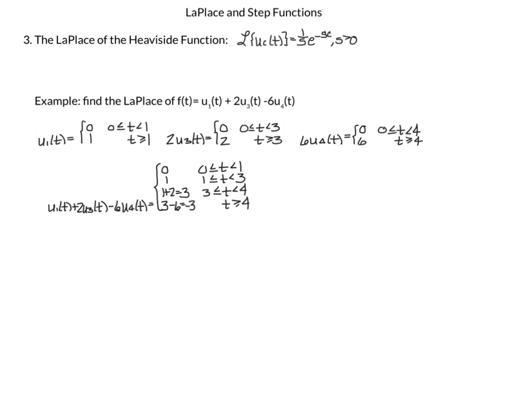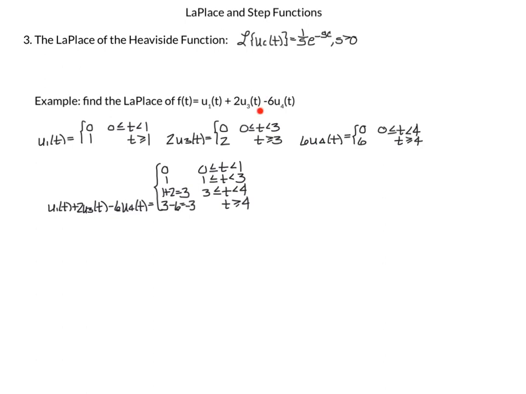So I broke this up into the intervals. Between 0 and 1, we're at 0. And then at the switch t equals 1, we switch on to 1. And then as t goes to 3, we have our 1 plus our 2, which is 3. And then as we go to 4, we switch on this function as well. So we have our 3 plus our 6.